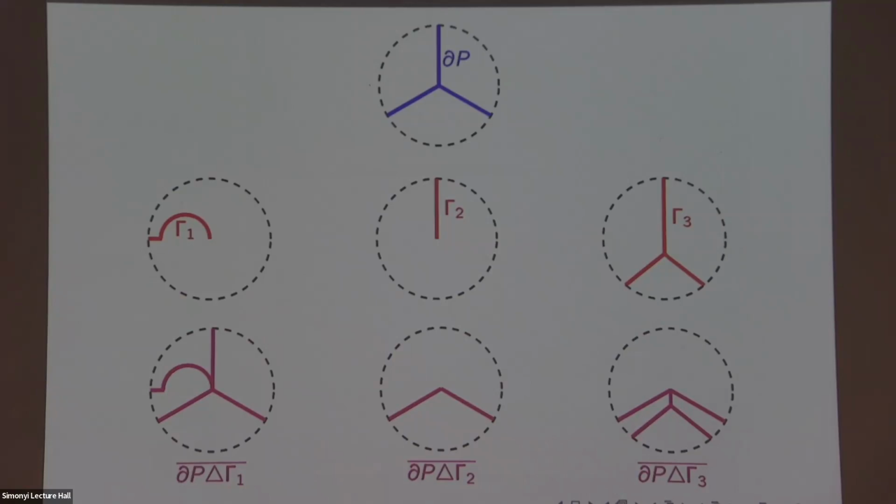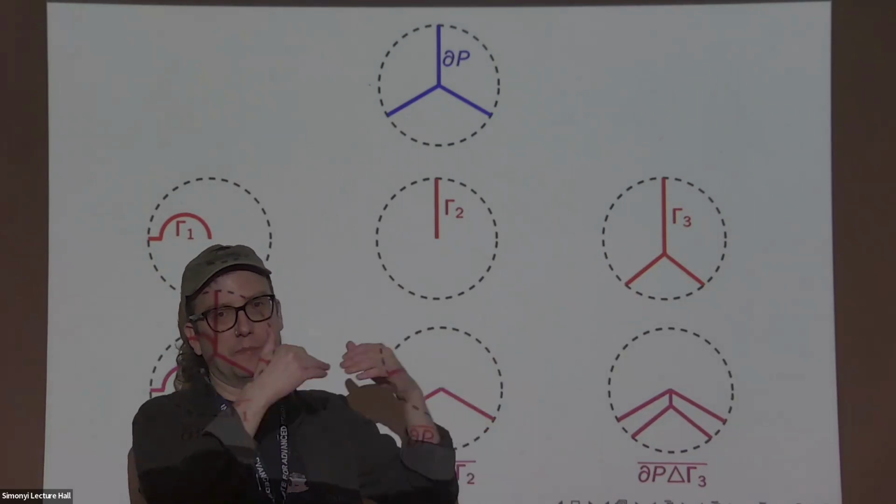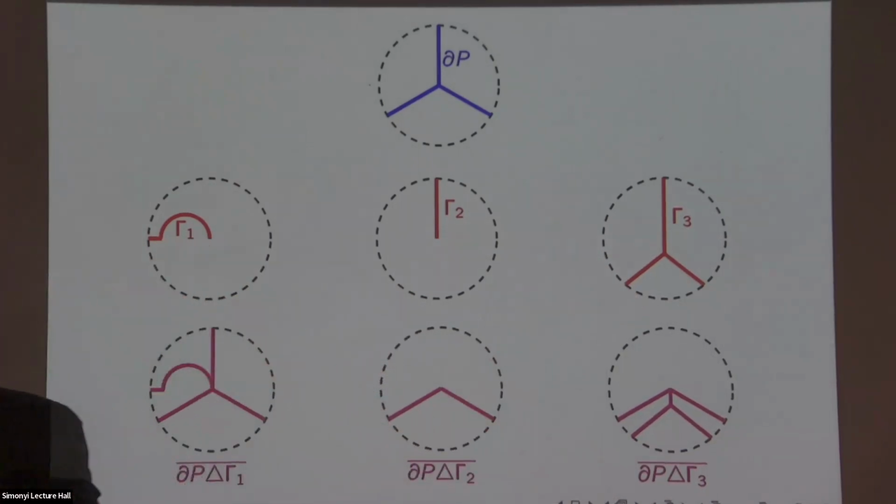So understanding what happens with two partitions that have the same topology, three lines meeting at a point, not necessarily at the origin, is still something that we need to understand better.